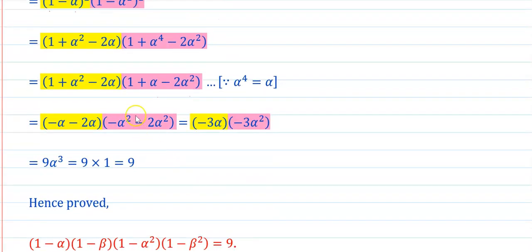Now we moved ahead. But we know the value of 1 plus alpha plus alpha square equals 0. What is the value of 1 plus alpha? 1 plus alpha is equal to minus alpha square, so it is minus alpha square minus 2 alpha square. Okay. Overall, it will be minus 3 alpha square, minus alpha minus 2 alpha, minus 3 alpha.